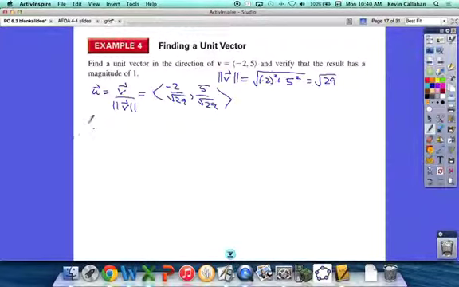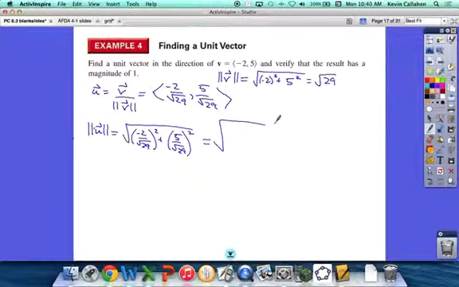So the magnitude of u is the square root of, and again, we're doing the same process that we just did: negative 2 over the square root of 29 squared plus 5 over the square root of 29 squared, right, which is the square root of 4 over 29 plus 25 over 29, when I square both of those.